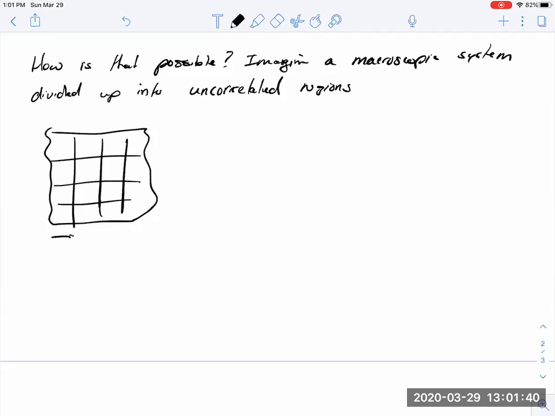Each one of those boxes has some extent, which is microscopic, but large enough that the fluctuations in one box are independent of the fluctuations in the other box. Let's imagine that there are M of those boxes, and within each one of the boxes, there is some energy, that we'll say is epsilon. Say the energy in cell i is epsilon_i.